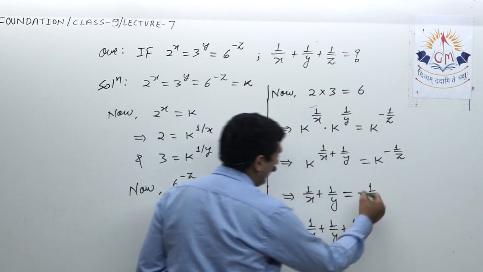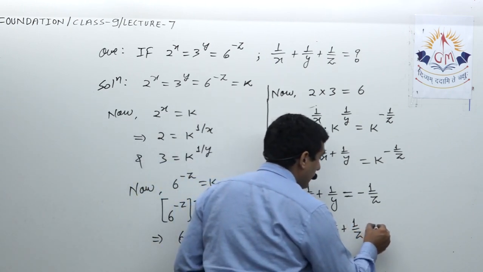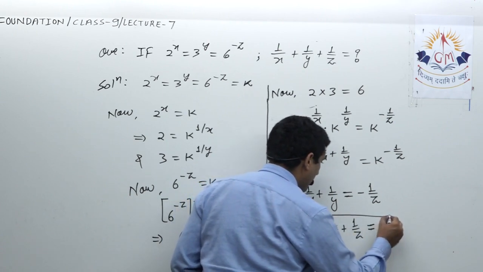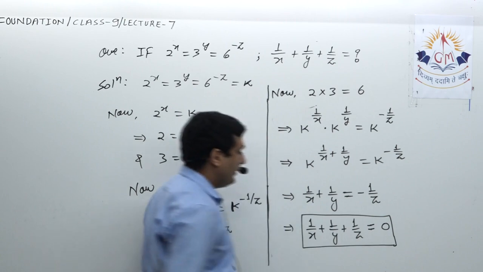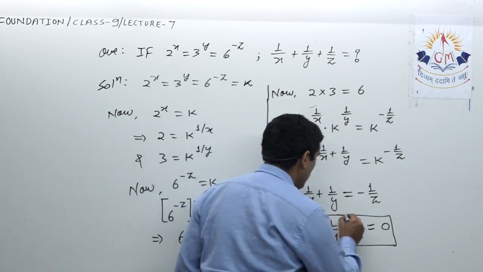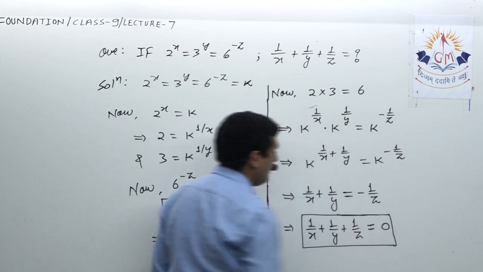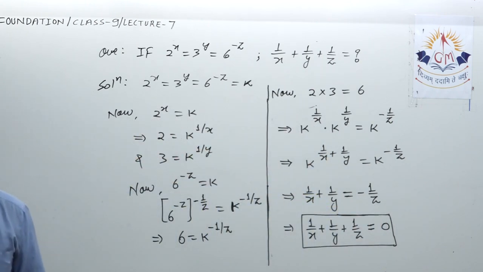So I took this minus on the left hand side, so it will be plus 1 upon z, and over here it is 0, so I can say the value of 1 upon x plus 1 upon y plus 1 upon z is equal to 0. Okay, so this is my final answer. Please note it down, then we'll see the next question.